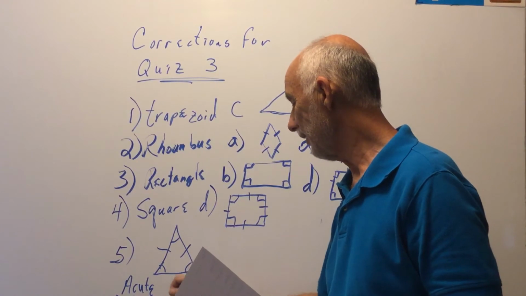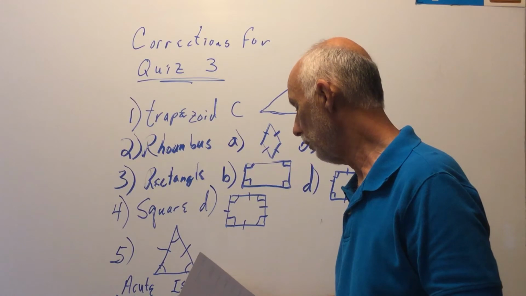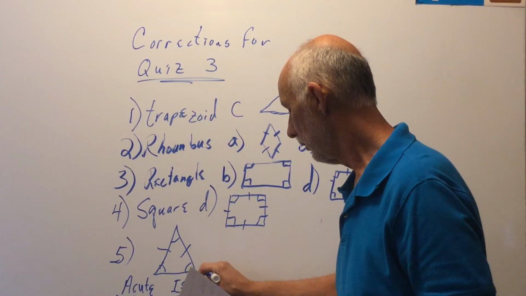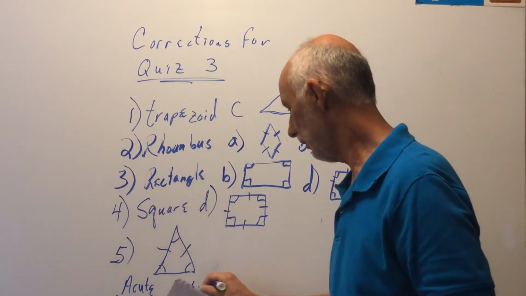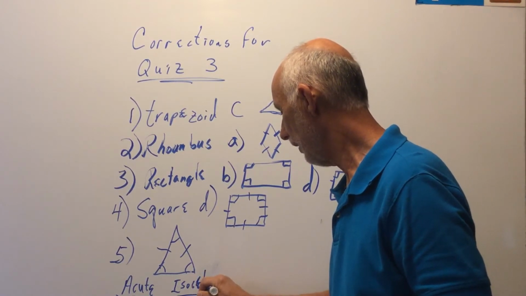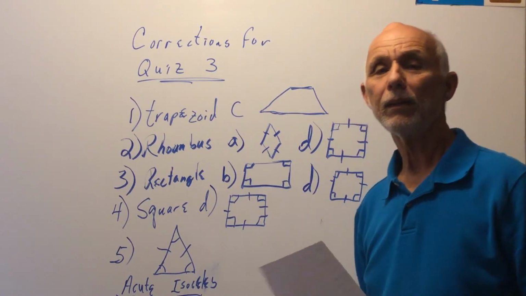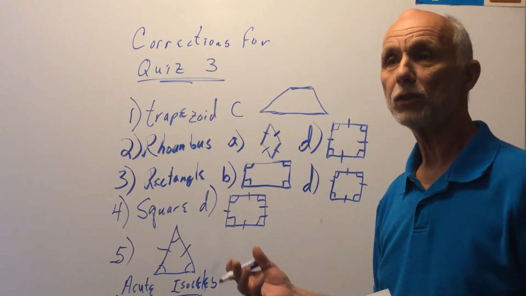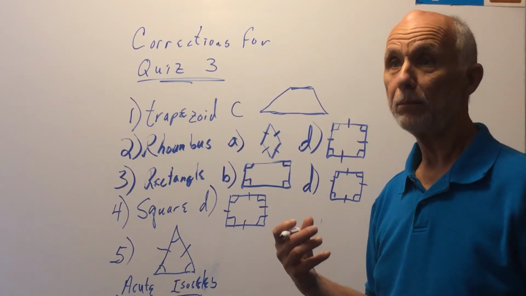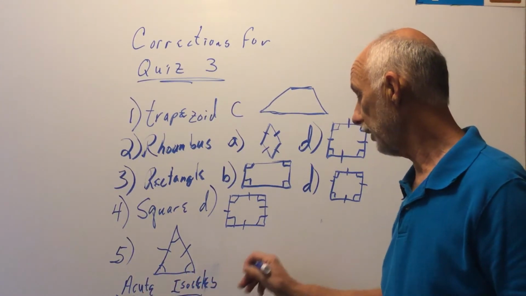And it was isosceles because only two sides were congruent. Gotta spell isosceles. There you go. By the way, a lot of you call it acute equilateral because most of the time the acute ones are equilateral, but the truth is acute triangles don't have to be equilateral, but equilateral triangles have to be acute. But anyway, this was an acute isosceles.